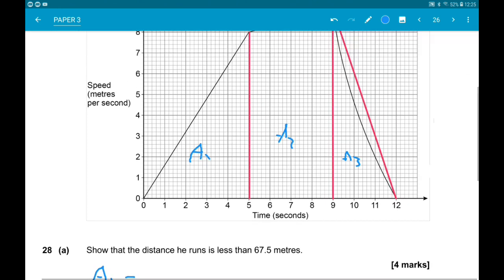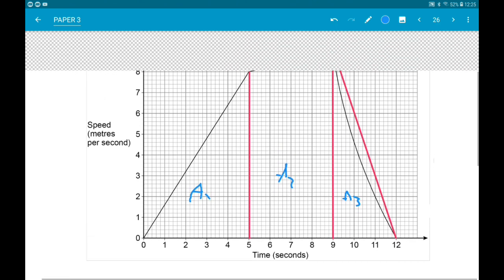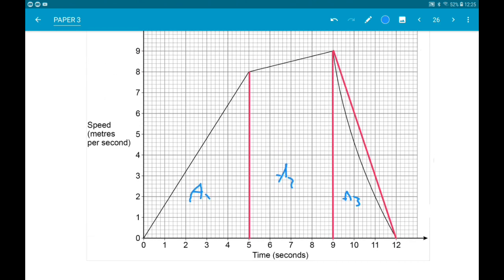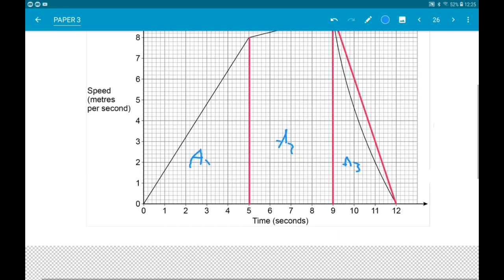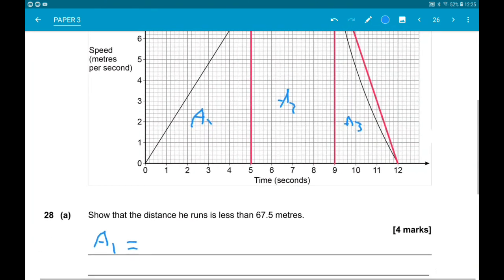The area of a right angle triangle is base times height divided by 2. So here, that's 5 times 8 over 2, which is going to give us 20 meters.